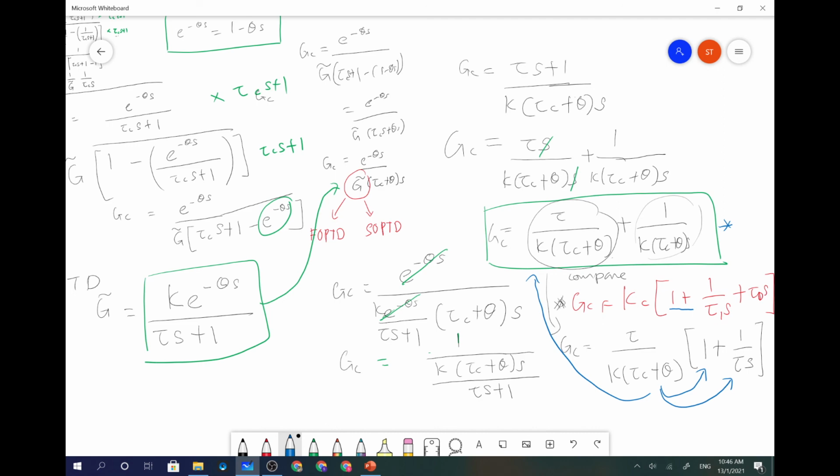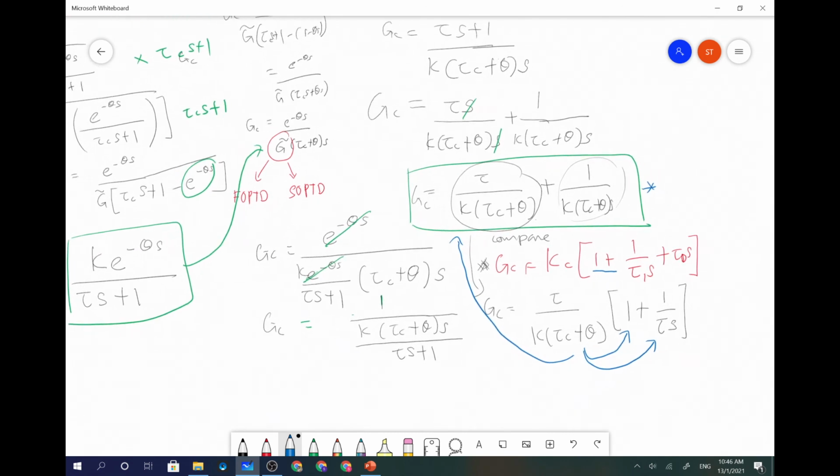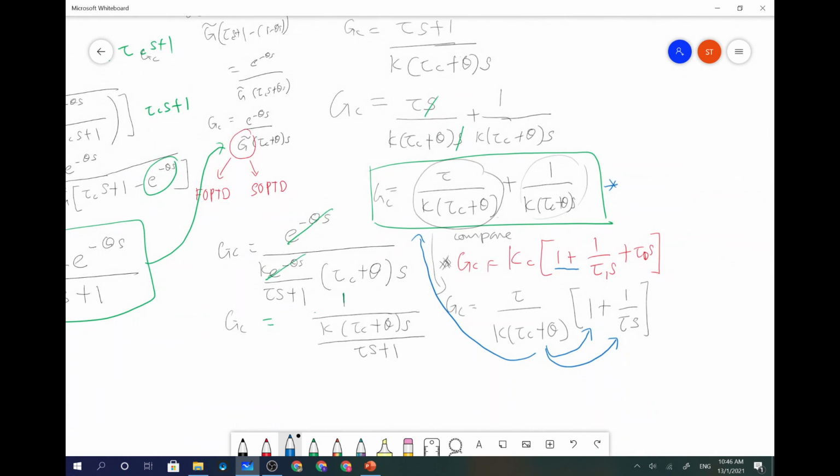So, and from here, why do we have to compare? The question is why we have to compare with this standard form? Because we want to determine what type of controller here. What is GC here? Is it P or PI?